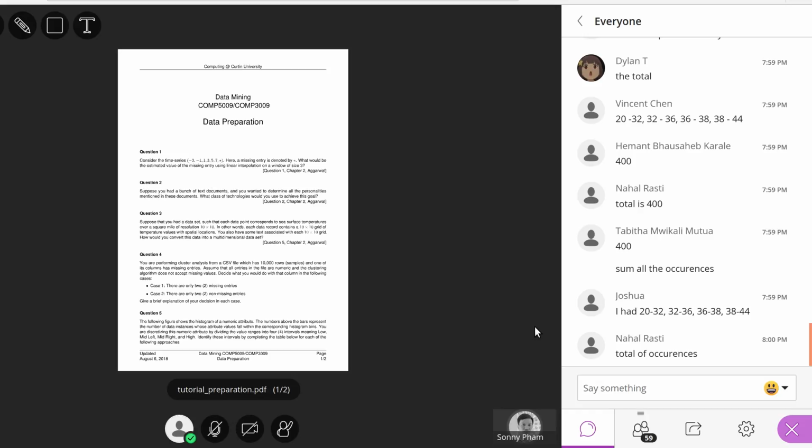So each data record contains a 10 by 10 grid of temperatures with spatial location. First of all, right, I would like to ask you, each data here refers to a 10 by 10 grid.